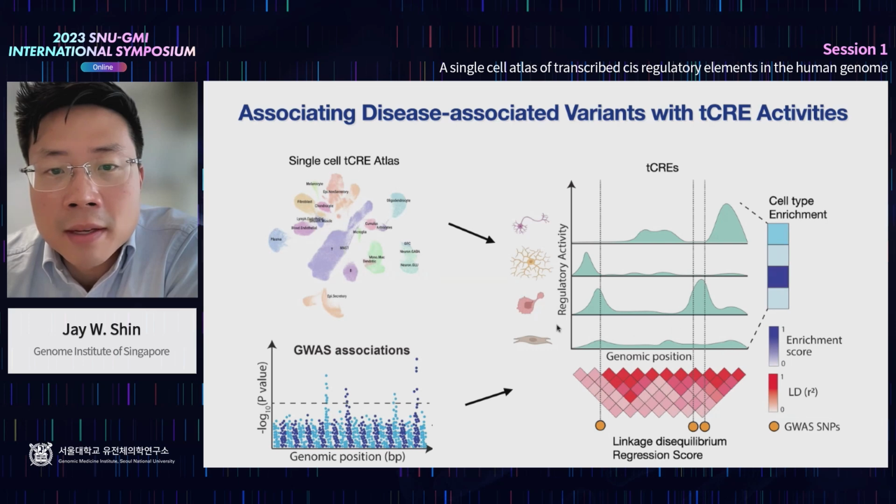So here is another example: lung alveolar cells may have a strong activity which co-aligns with GWAS SNPs, but these SNPs may not be so relevant in neurons, for example. That can help us associate that these genetic SNPs are more relevant for lung disease versus brain disease.